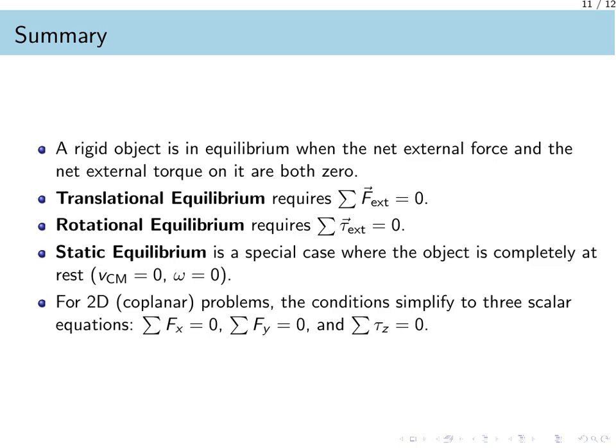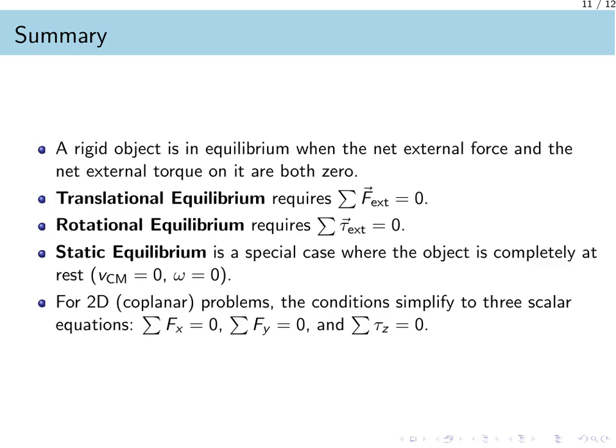Let us bring together the core principles for analyzing a rigid object in equilibrium. For an object to be stable and not accelerate, two distinct conditions must be met simultaneously. First is translational equilibrium, which means the vector sum of all external forces acting on the object must equal zero. This ensures the object's center of mass does not accelerate.